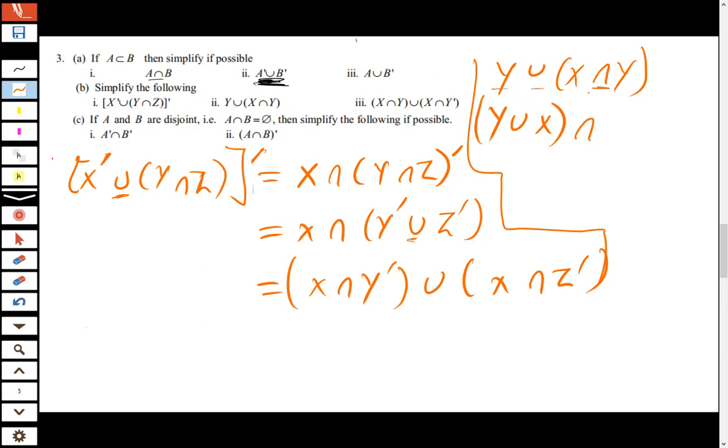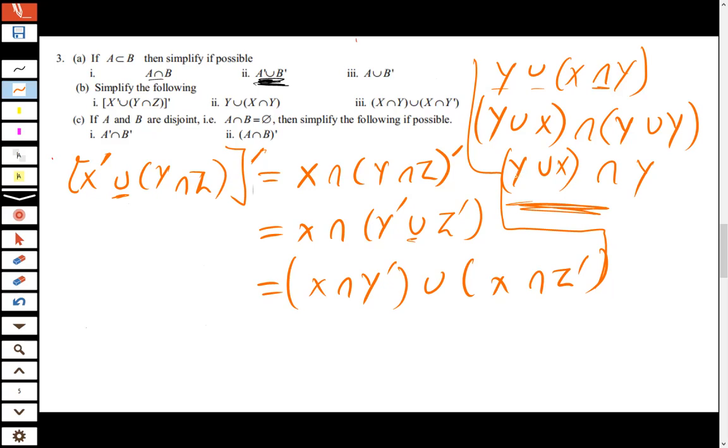Then Y union Y. So Y union Y, the answer is simply just Y. So I have Y union X, then intersection Y. You can't go further than this.